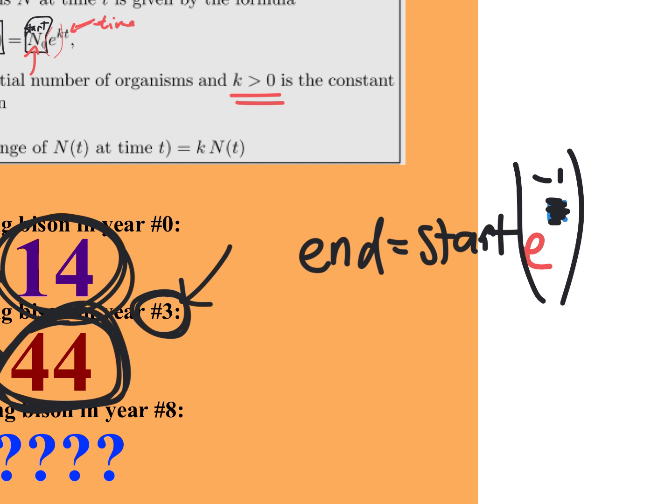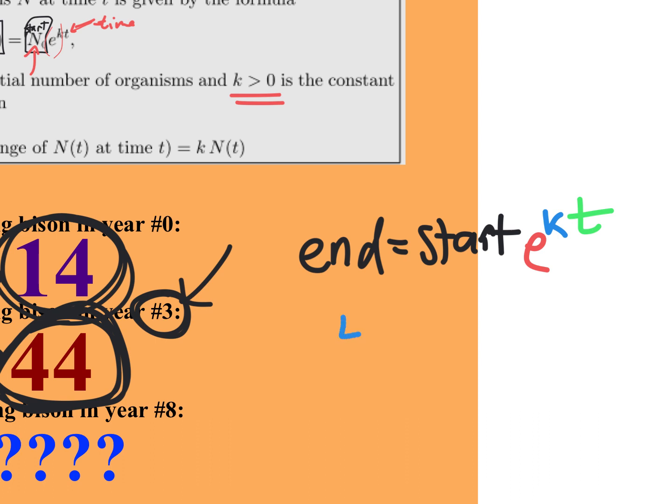All right, so back to reality here. I have e to the k, and now there's a t, and I'm going to put the t as green here. And now I know some stuff. The end value is 44.